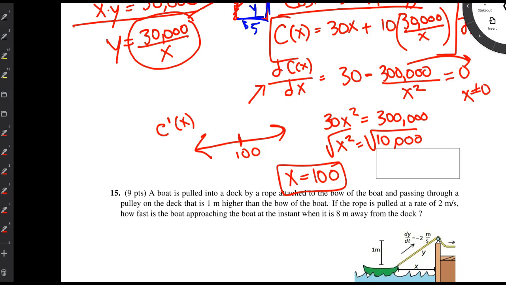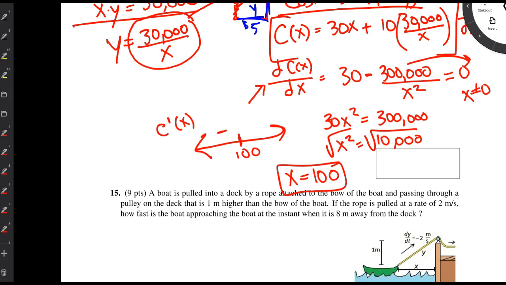If I plug in a number less than 100, let's say I plug in 50, I get a negative.